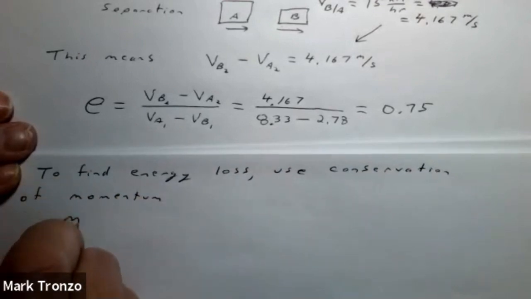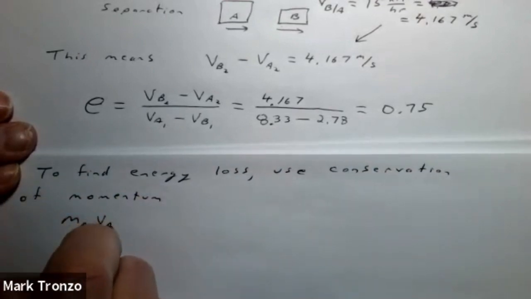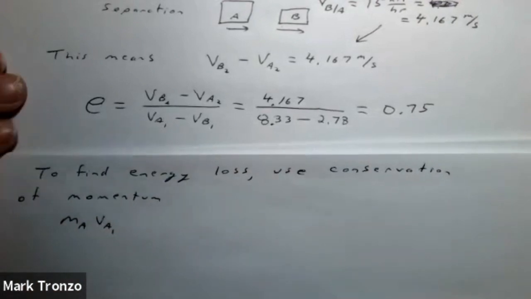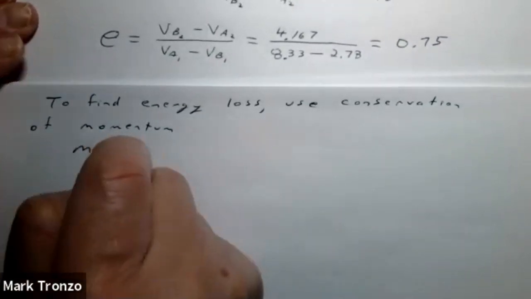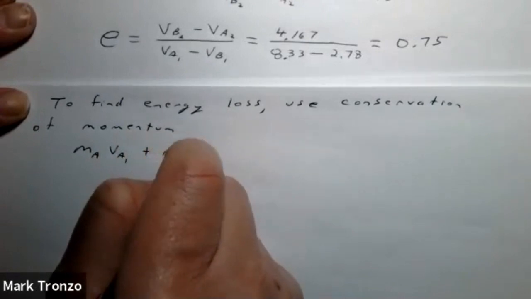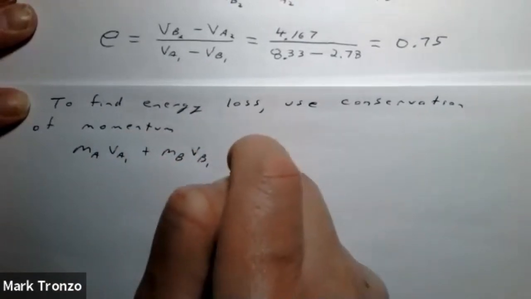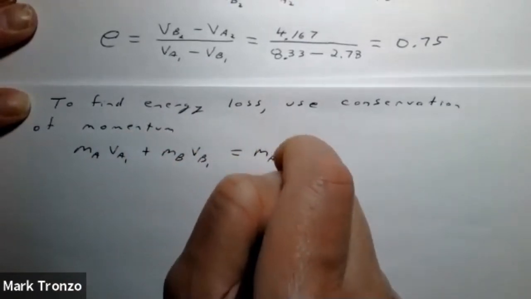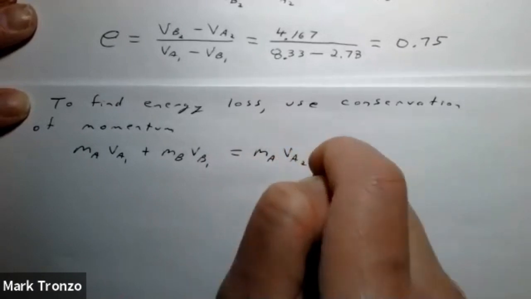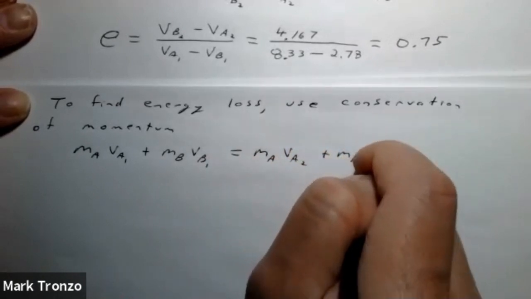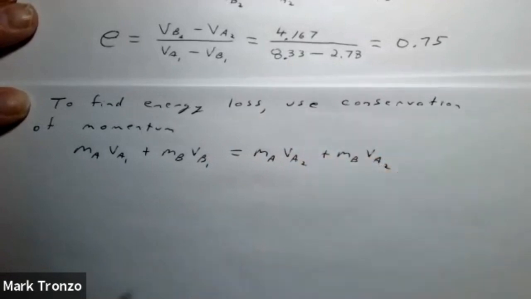Again, so we're going to want MA VA1 plus MB VB1 is MA VA2 plus MB VB2.